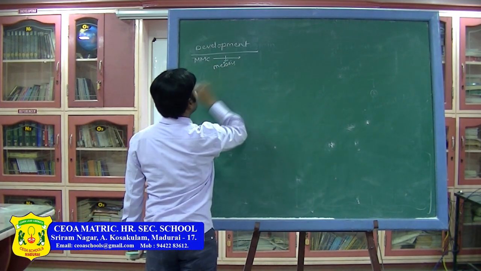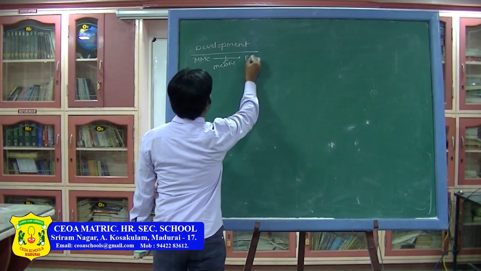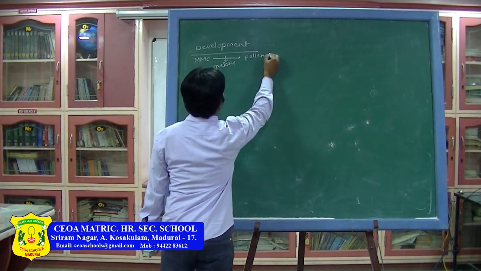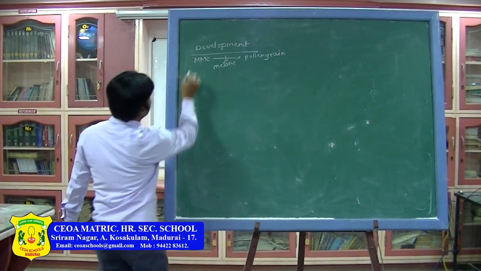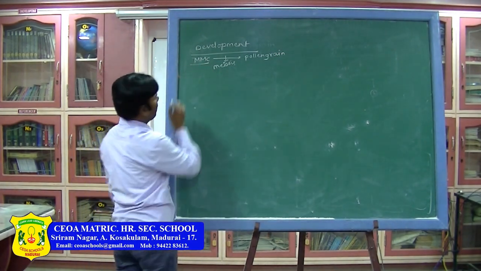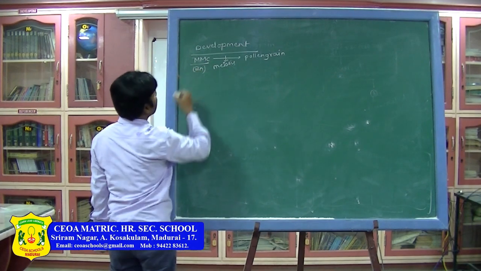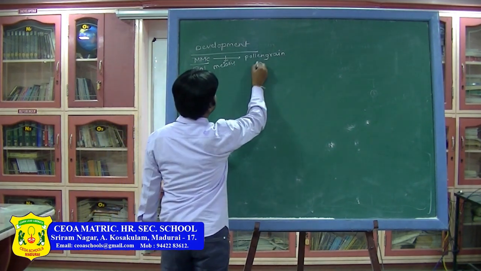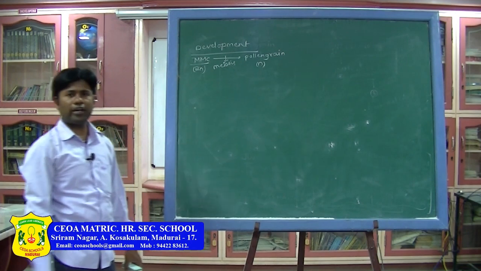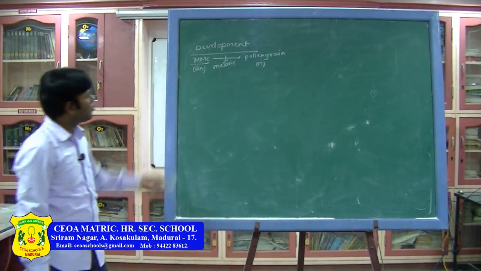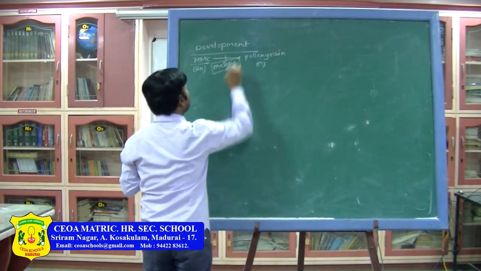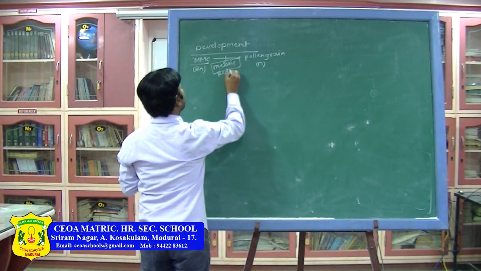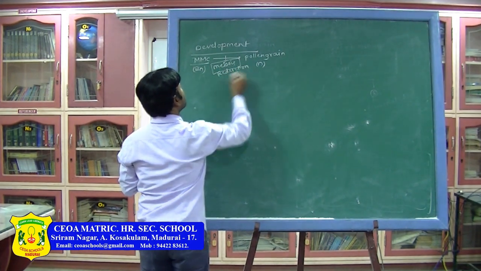Due to the meiosis, pollen grain or microspore will be formed. This is the first step. The microspore mother cell is diploid, and the pollen grain condition is haploid in nature. So, what type of cell division has taken place here? Meiosis cell division, or reduction division.